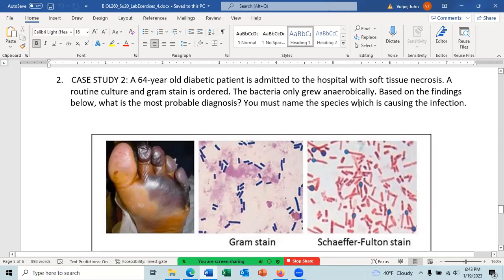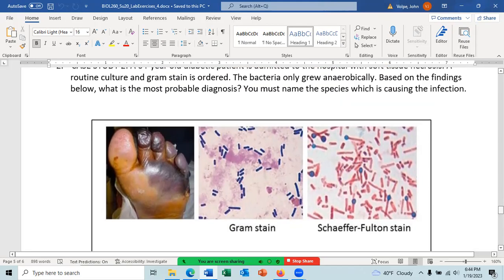So that gives you another hint. And once you figure that hint out with the Schaeffer-Fulton stain, that will tell you where to look in the lab module. And then you should be able to identify the species of bacteria that's causing this problem. Okay?